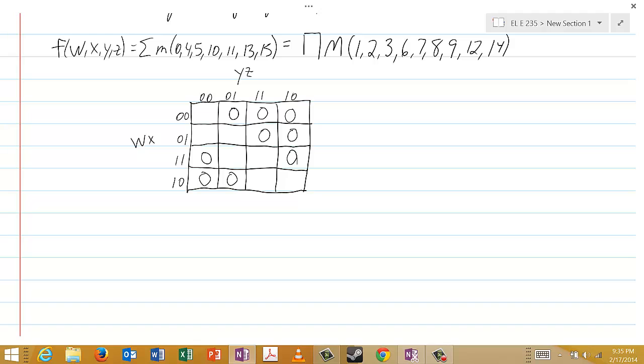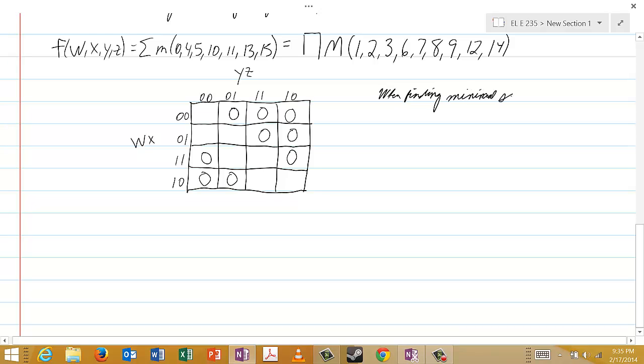Now, let's write a note here. When finding minimal sums, we look for prime implicants.